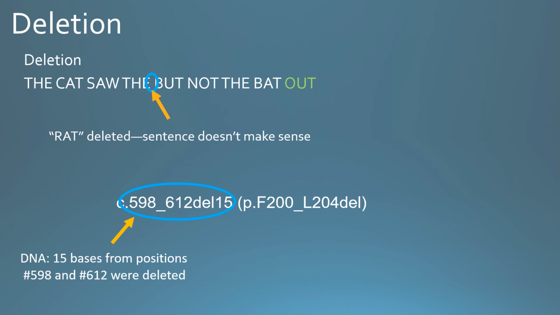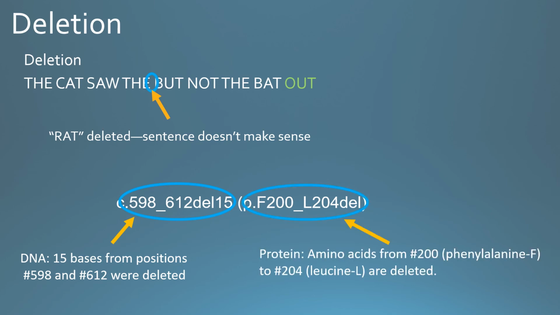But in this case, there's so many of them, it's kind of unwieldy to write out, so you just say del 15. And since 15 is a multiple of 3, that means that there's going to be 5 amino acids which are missing from the final protein. And so on the protein portion, you're missing amino acids 200, which is an F, through 204, which is an L.